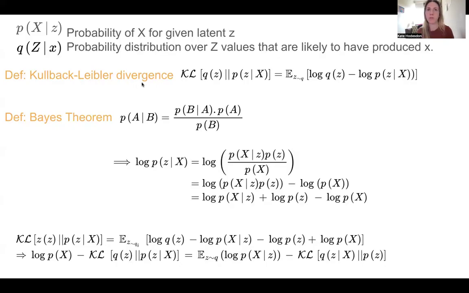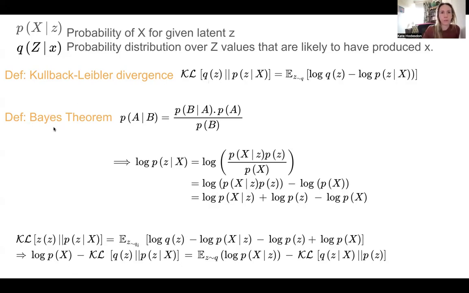So we have a definition of this two-place relation between distributions Q and P of Z given X. So this is Kullback-Leibler divergence. And again, because this is a high-level overview, for now, just think of this as a two-place relationship between distributions that can be used as a measure of how similar those distributions are.